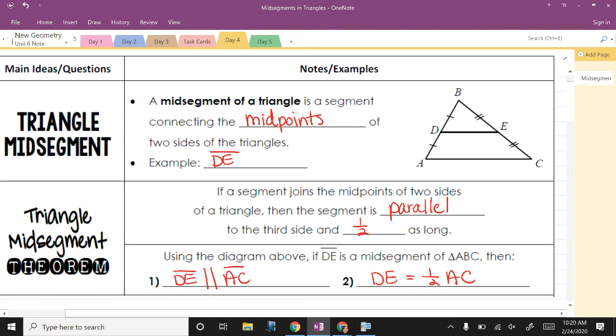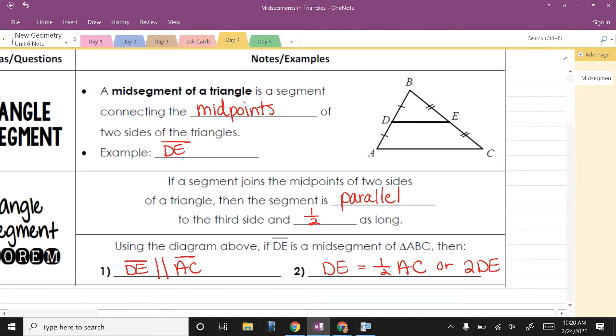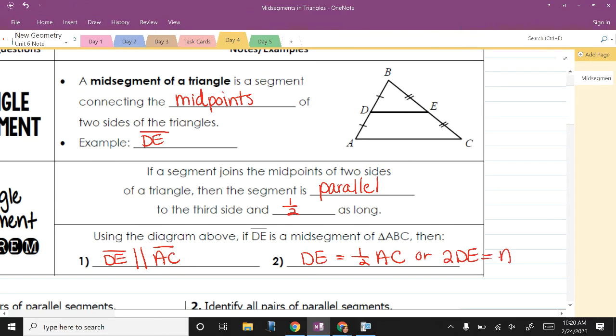Is there another way I can write this equation? Instead of saying DE is half as long as AC, what else could I say? Yes. Or I can say 2 times DE equals the length of AC.